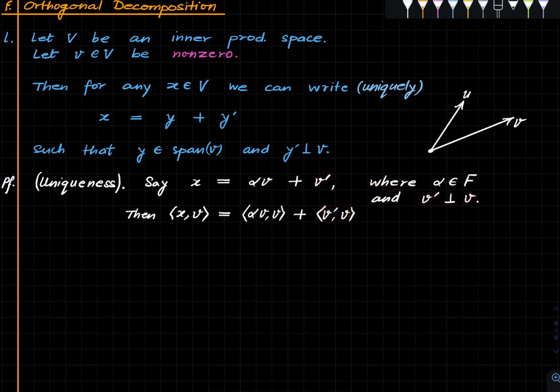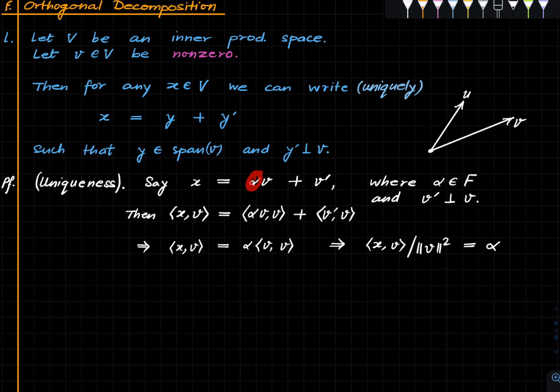So that guy is 0, and hence what we get is, which implies, or I'll write norm v square because that's what it is, this is equal to alpha. Okay.